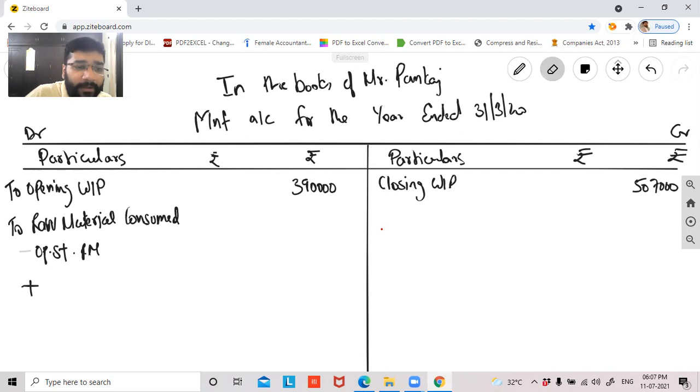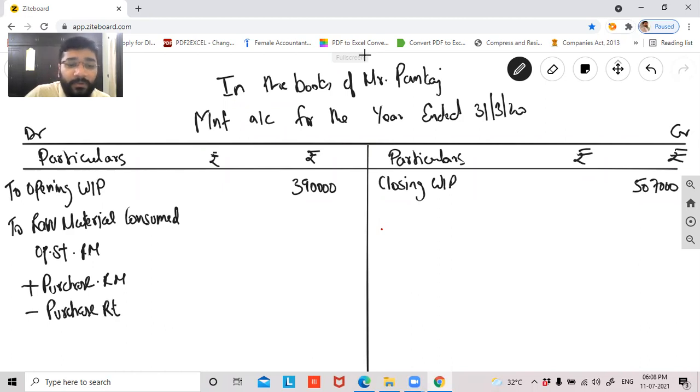With this, you add purchase of raw material, right? Then you minus purchase return, guys. This purchase return is given very clearly in the question. So minus purchase return of raw material, minus closing stock of raw material.